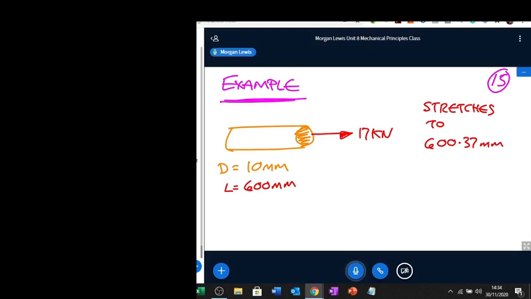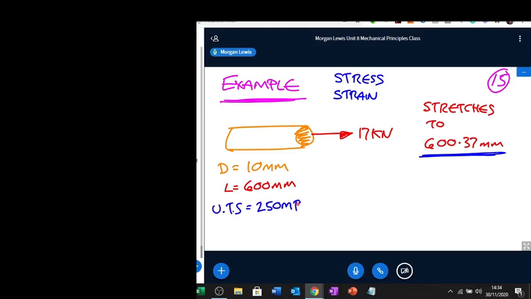So this force pulls this little bar, and the final length is that much. So we need to find stress, and we'll find the strain. Let's pretend the UTS of this bit of metal is, let's give you 250. Let's see if we can make it break.